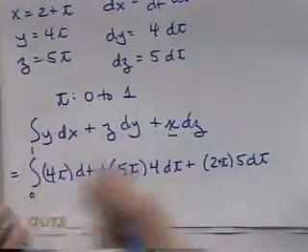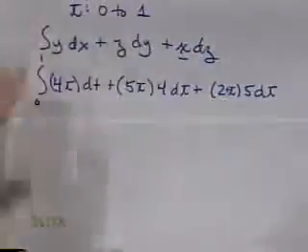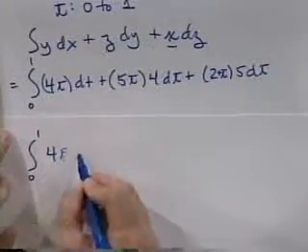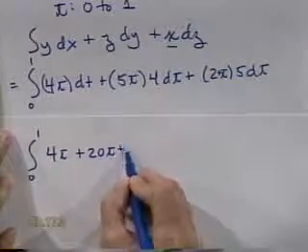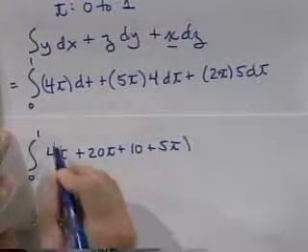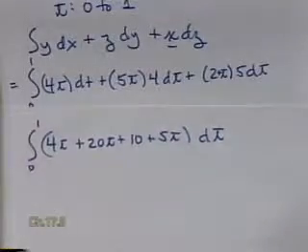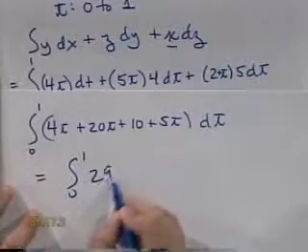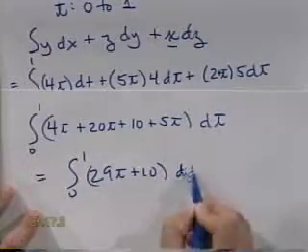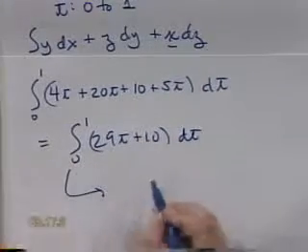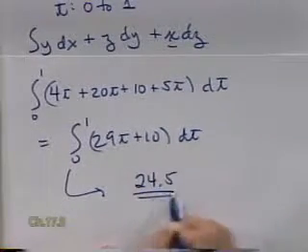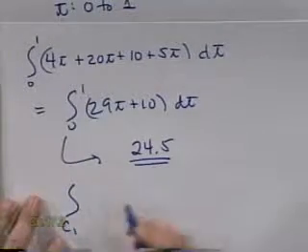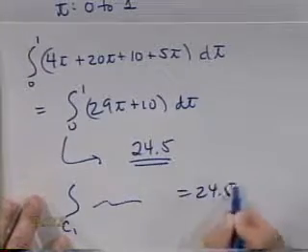And we're going from t equal 0 to 1. So if you multiply this out, you get 4t plus 20t plus 10 plus 5t, and I could factor out the dt and put it at the end. Well, shoot, guys, this is the integral from 0 to 1 of 29t plus 10 dt. I don't think you need me to do that integration. You guys can go and do it, and you're going to get 24.5. So the integral over C1 was 24.5.